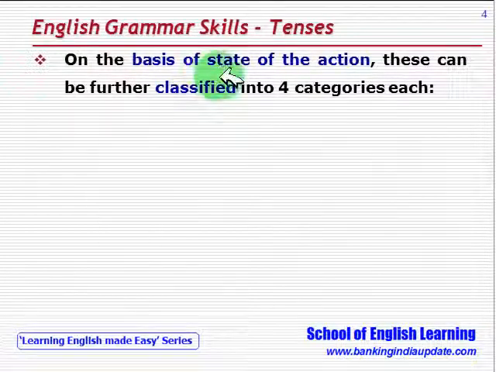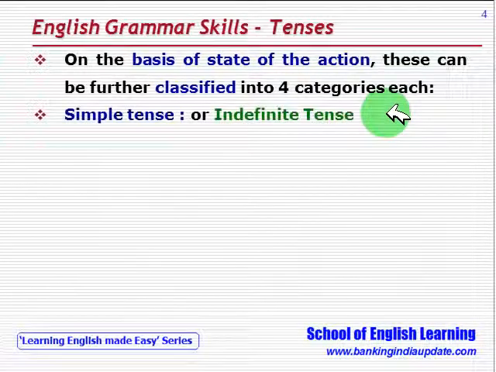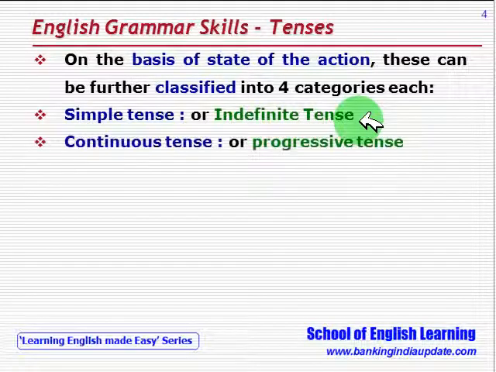On the basis of state of action, the tenses are further classified into four categories. First is simple tense or indefinite tense. Second one is continuous tense or progressive tense.